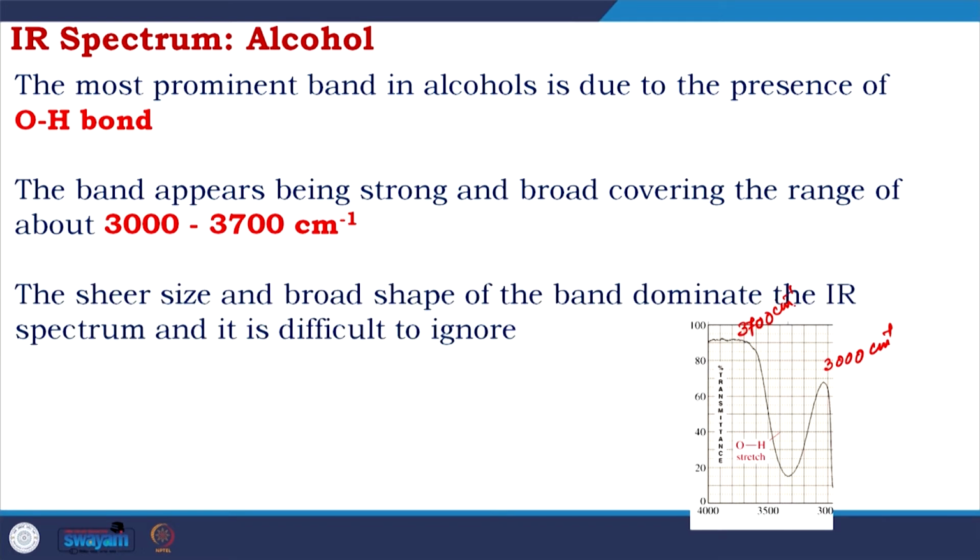The sheer size and broad shape of the band dominate the IR spectrum and it is difficult to ignore. So, what it means, if you have a hydroxyl group, you will get a band, that is a surety.